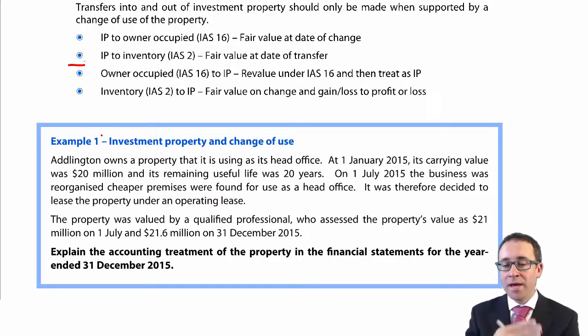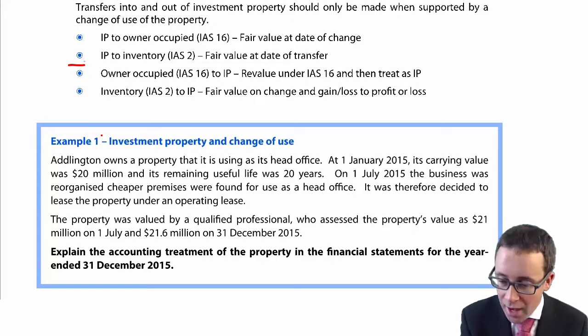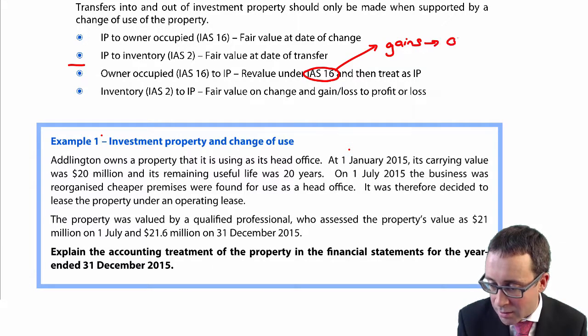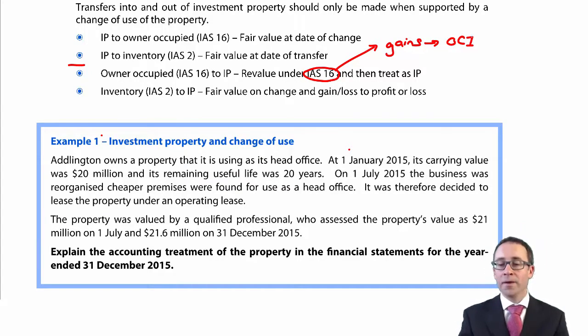If we go from PPE under IAS 16 to investment property, so we use the building ourselves and then decide to have it as investment property, you need to revalue it under IAS 16 first. Remember, under IAS 16, any gains go to other comprehensive income, don't they?